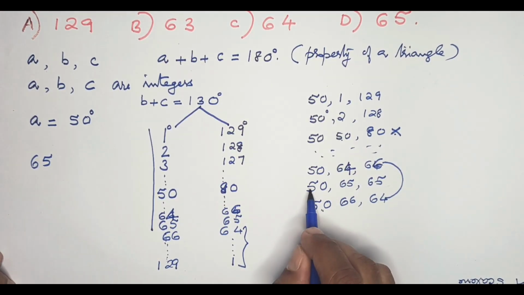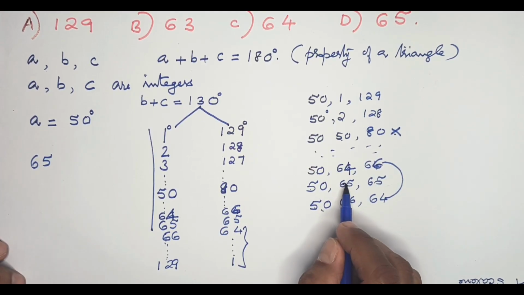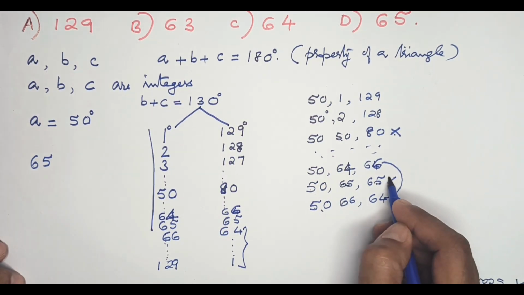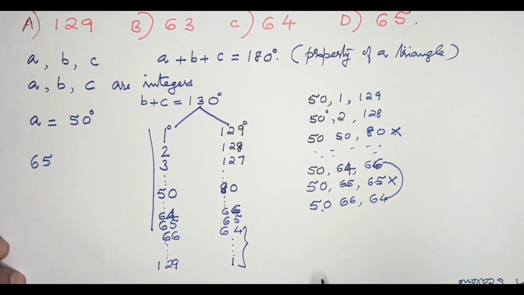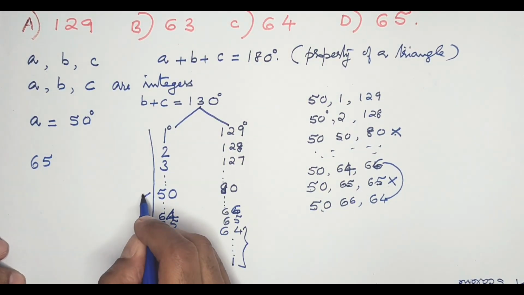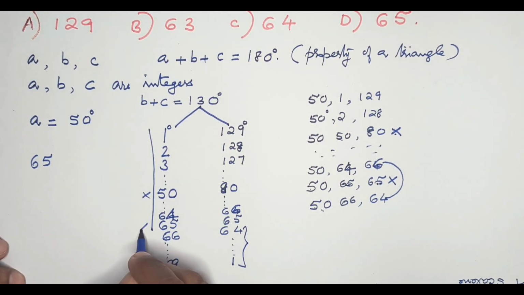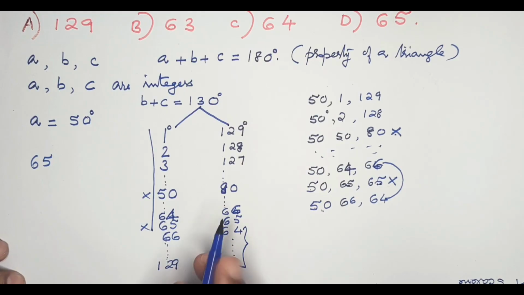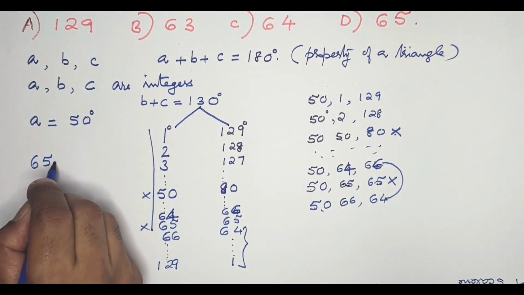Similarly, look at this combination 50, 65, 65. You can see 65 repeating twice, showing this is also not a scalene triangle. So out of this, this should be excluded and also this should be excluded. We are excluding totally two triangles.